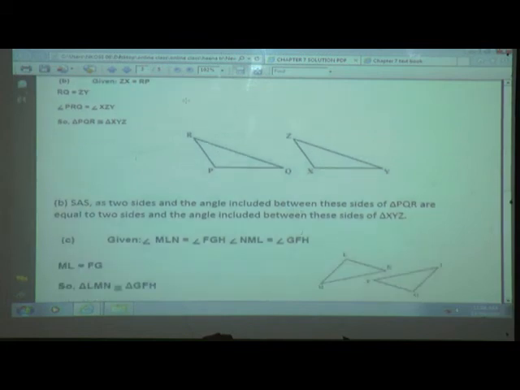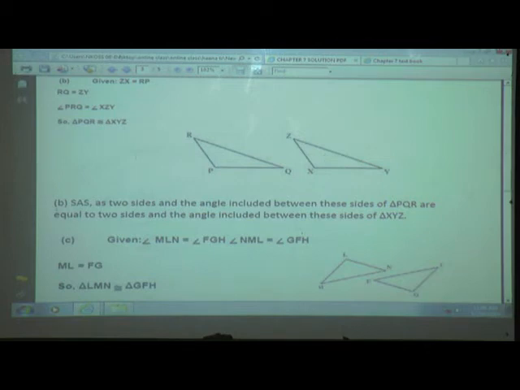Here also, what is given to us? Sides are given. Here also another side is given and one of the angles is given. So we have to find out whether triangle PQR is congruent to triangle XYZ. Yes, it is congruent, because two sides and one angle are given which are equal to those of another triangle.